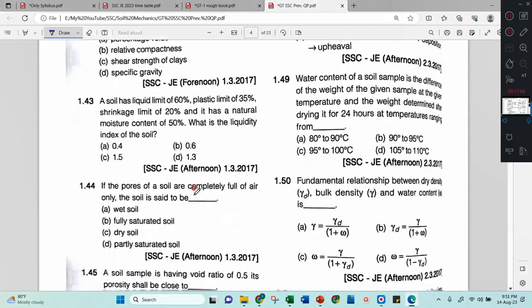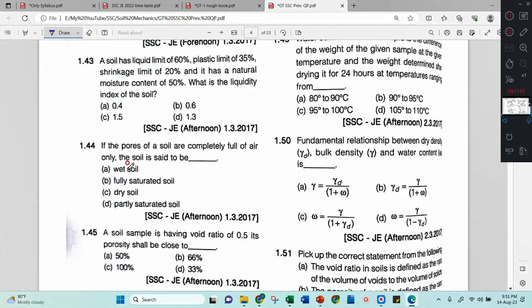Density index, skip. Pores of a soil are completely full of air only, then the soil is said to be dry.